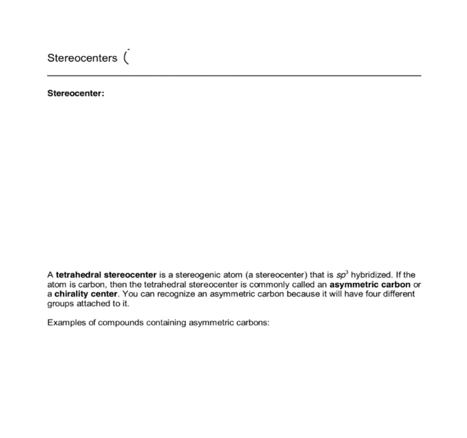A stereocenter is also known as a stereogenic atom. You may see that term as you read or look at stuff online. Let's define it, and then we'll look at some examples so that we can determine by looking at a structure if a particular atom is a stereocenter or not.